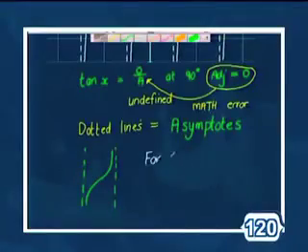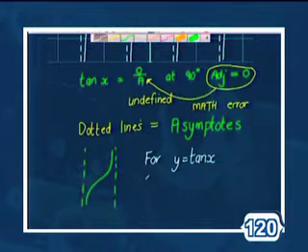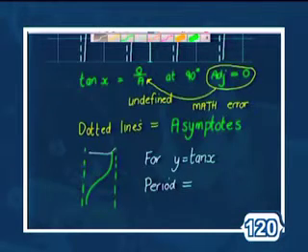And that is that for the graph y equals tan x, we have a period, all right? And remember, a period is how long it takes to do a pattern. And here our pattern takes only 180 degrees. All right, and this is vitally important compared to the sine graph and the cos graph.